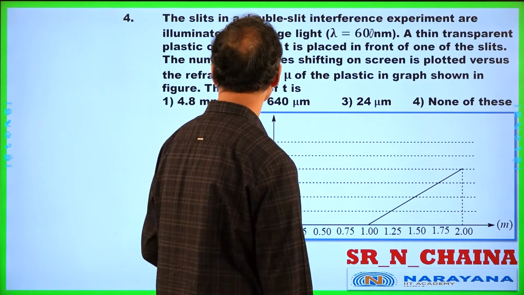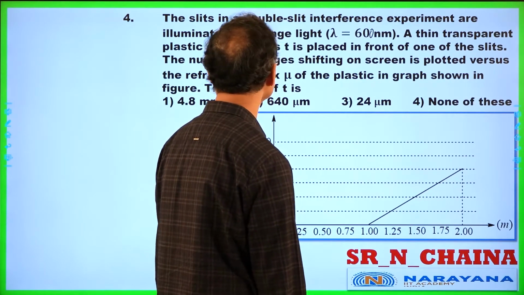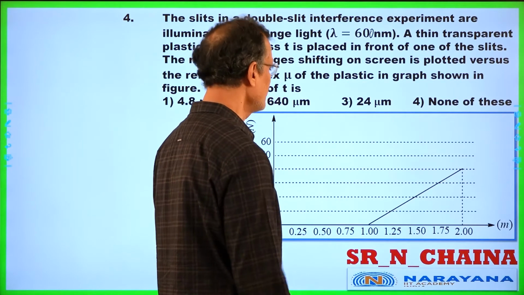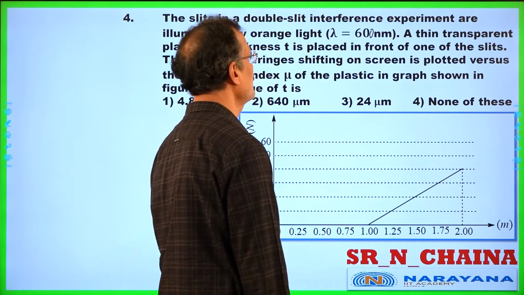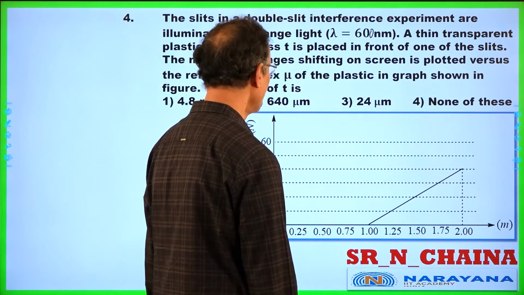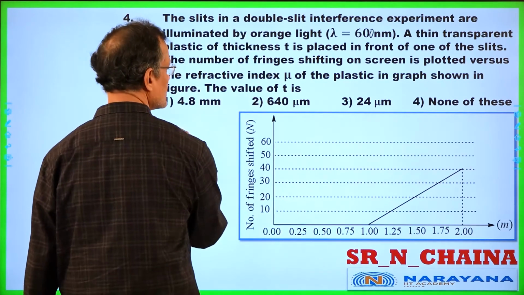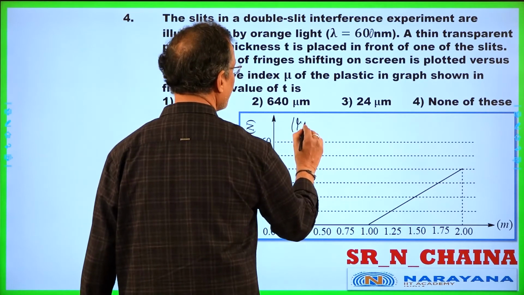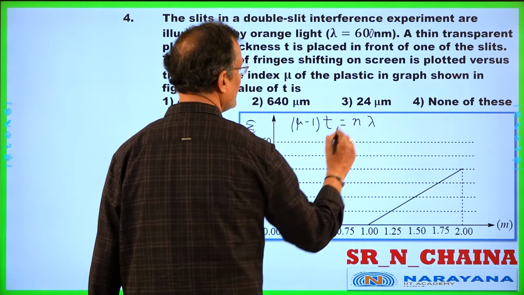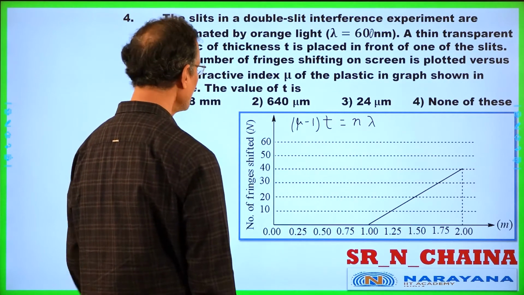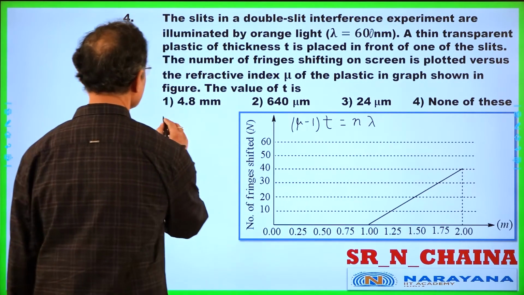A thin, transparent plastic sheet of thickness t is placed in front of one of the slits. The number of fringes shifting on the screen is plotted. So the path difference, how much is there? (mu minus 1) into t, this is n into lambda. You have taken n on the y-axis.